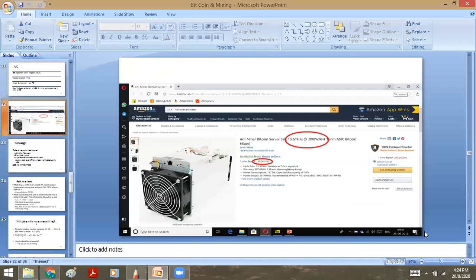And today, at least at the time when I created this, there is one Bitcoin miner, the Ant miner. I think you can search for it on Amazon. I don't know if they are available or not, but 13.5 tera hashes per second is its capacity, and it costs around 2,35,000. I think now they have become a little cheaper.